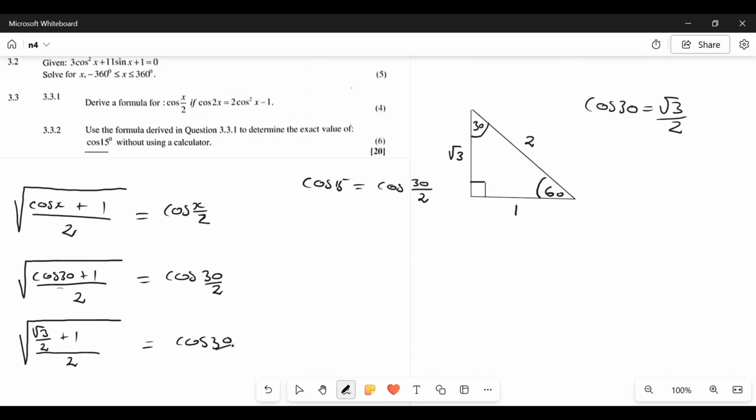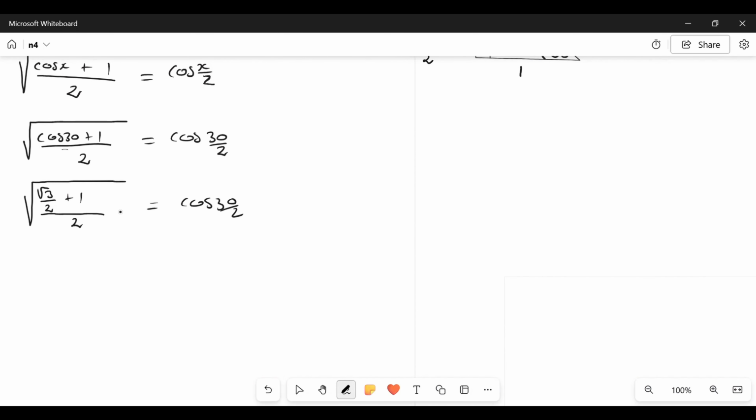Now we can continue from here. Cos 30 degrees divided by 2. We can continue here, people. Let's create a bit of space again. Now if we continue, we still have the root there, guys. We can say root 3 over 2, right, plus 1 over 1, all this divided by 2.